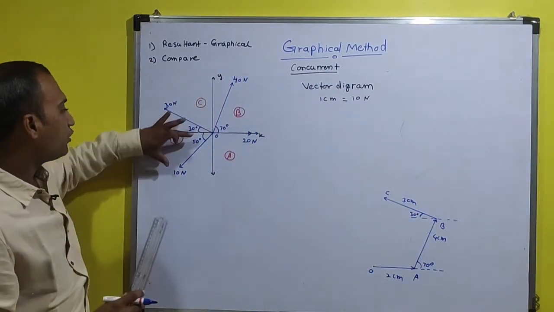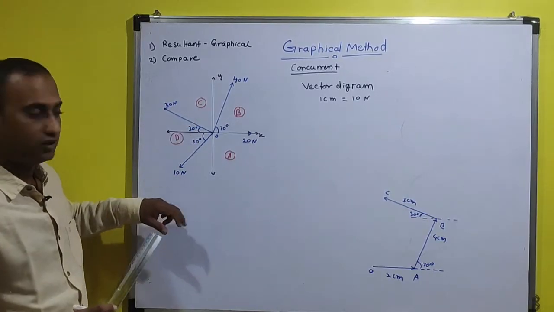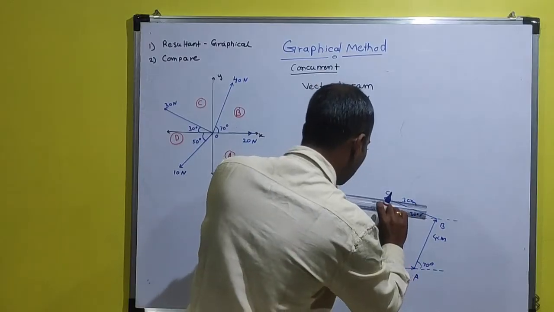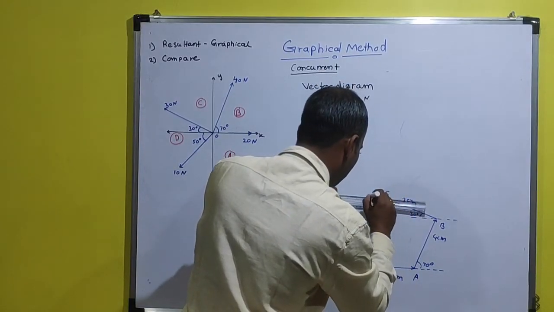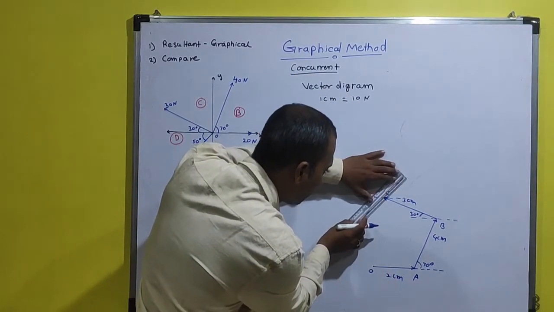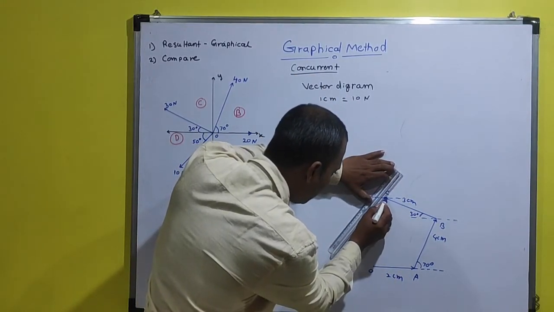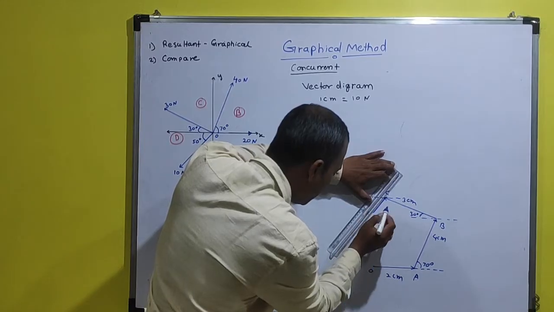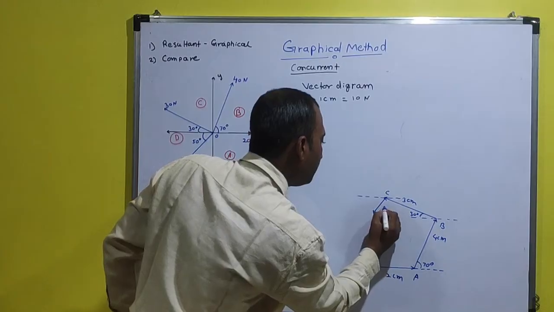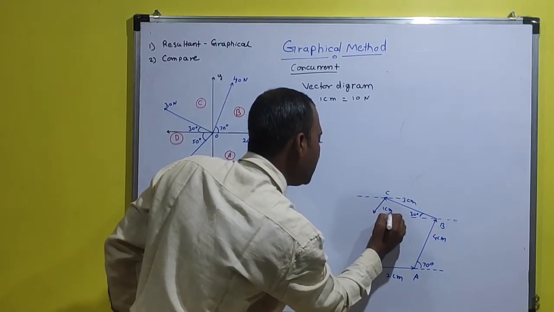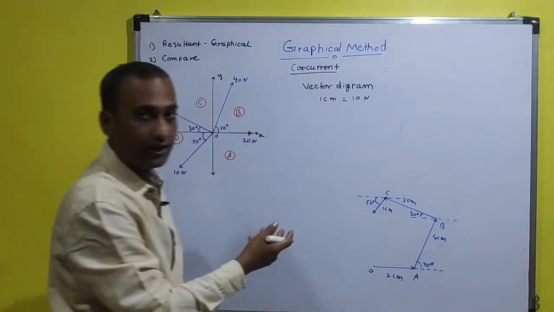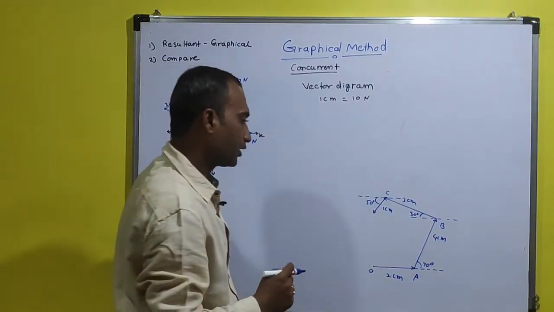Then similarly we have to draw the next force, that is 10 Newton at 50 degree angle with the horizontal. So here at 50 degree angle we have to draw the next force, and the force will be of 10 Newton. So here it will be 1 centimeter which will act at 50 degree, and this will represent the 10 Newton force.